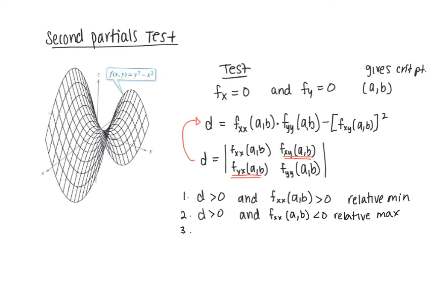The third rule, if D is less than 0, then that means you have a saddle point at (a, b). And rule 4, if D equals 0, your test is inconclusive.